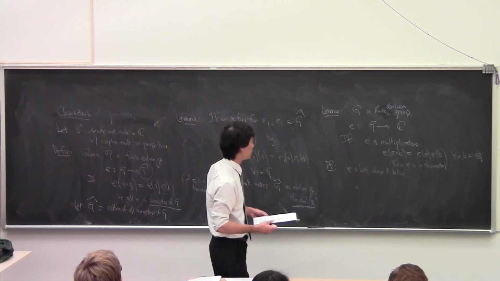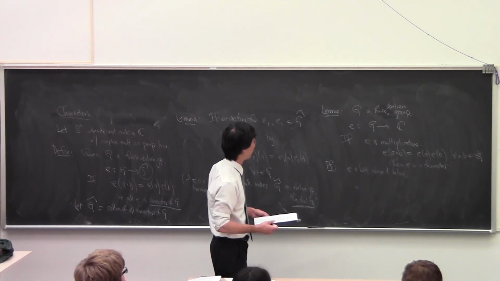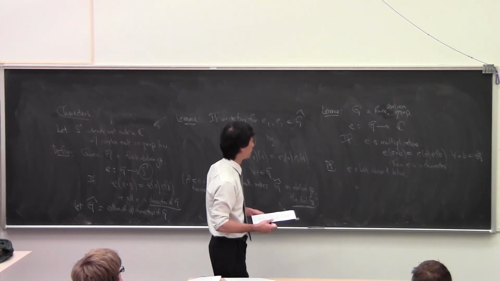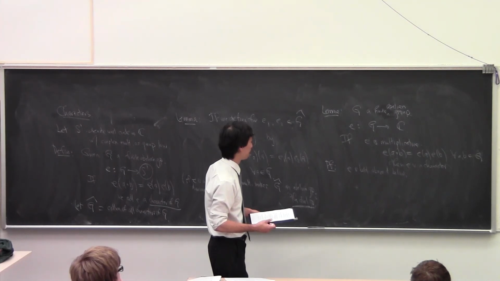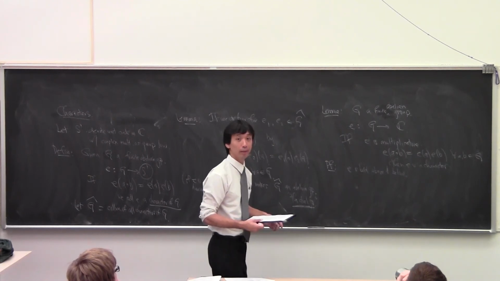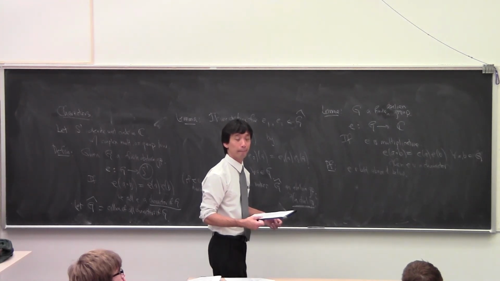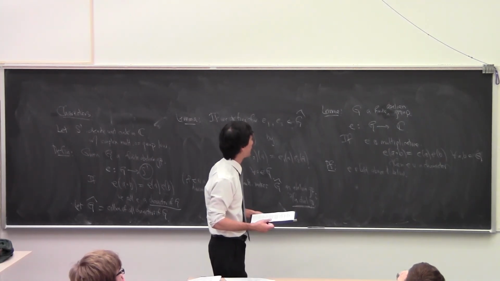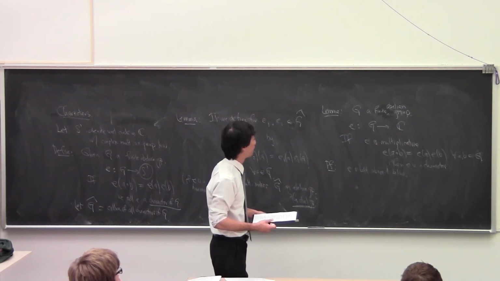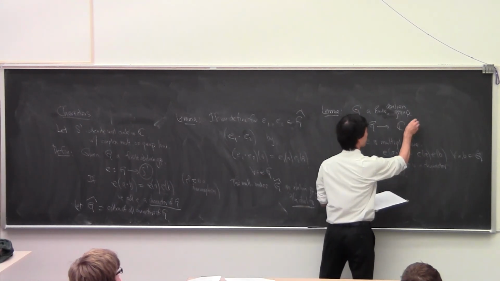Right, E takes everything to 0. What's that? It's a map into C minus 0. Okay, yeah, okay, thank you.